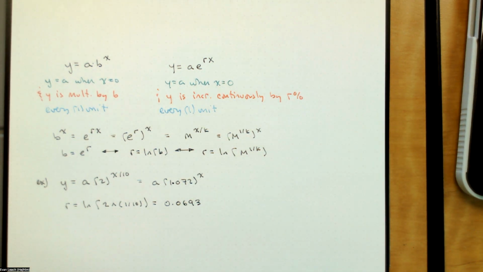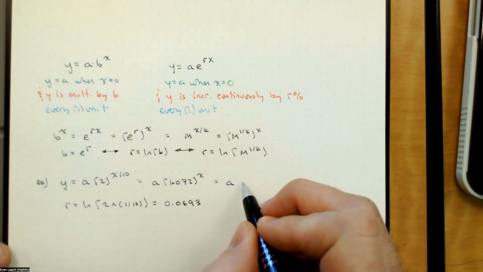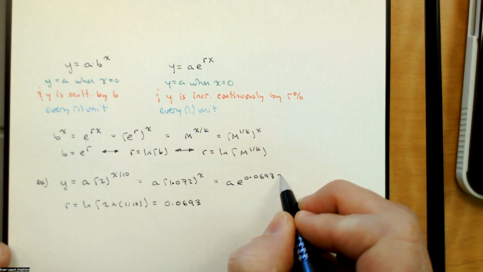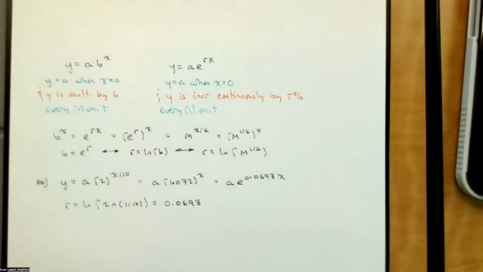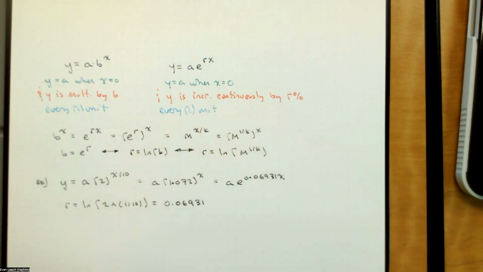It's 1/10 natural log of 2. So we might read this as y is equal to a when x equals 0, and y increases continuously at 6.931% per unit.